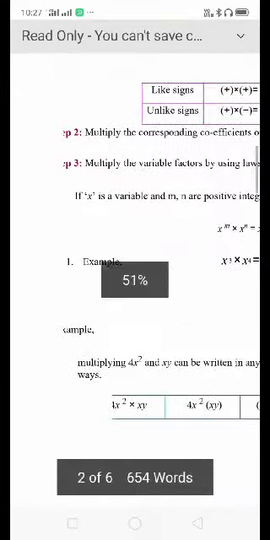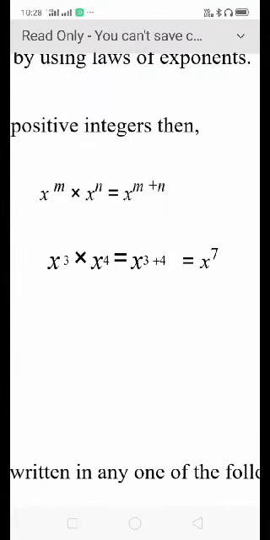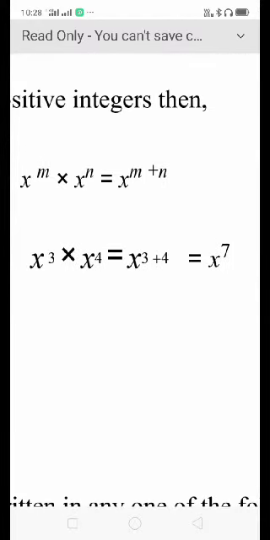Here is an example for you. x power m into x power n has to be multiplied. First see the sign: plus, plus, both are plus. Is there a variable constant? No. So 1, 1. If any constant is not visible, put that 1 near the variable. 1 is the constant. So 1 x power m into 1 x power n gives out x. Power rule you already know from 7th standard.